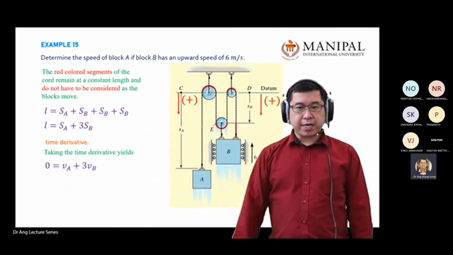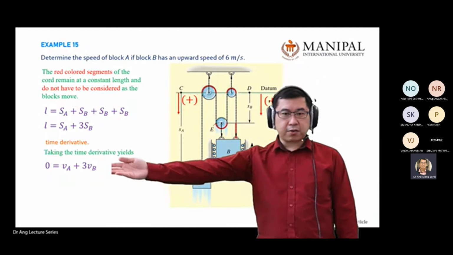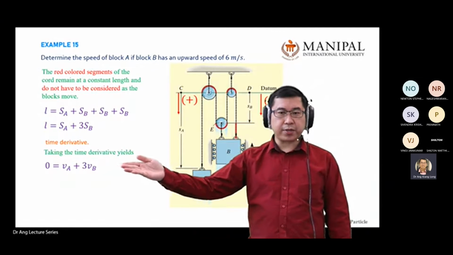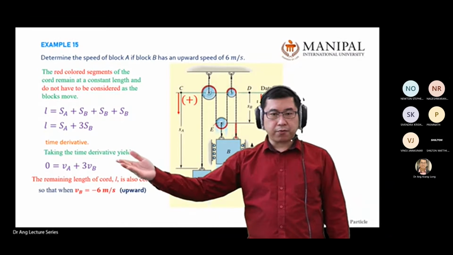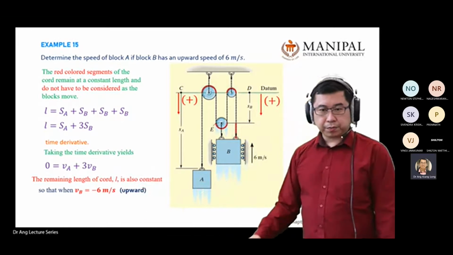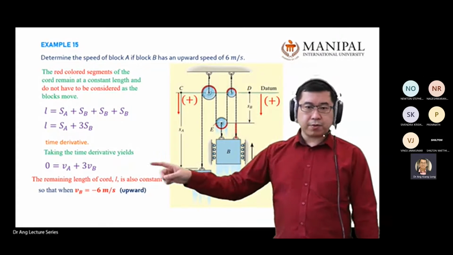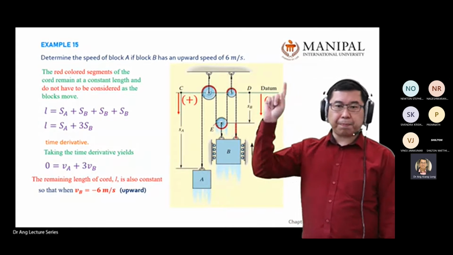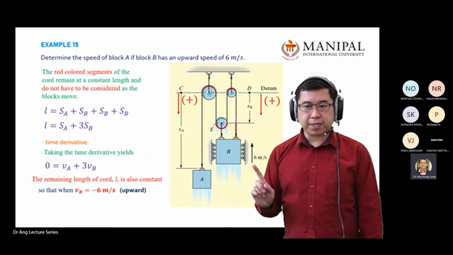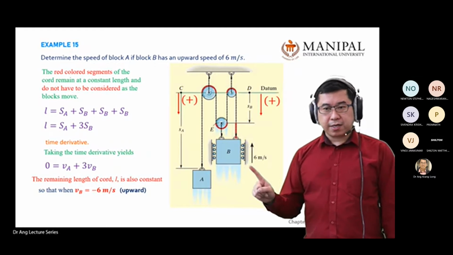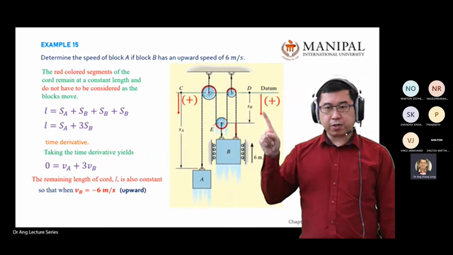This equation relates A and B; it's just a linear equation. So you put in VB and VA. It already tells you that VB is going up at 6 meters per second. Again, consider the direction compared to the positive one.